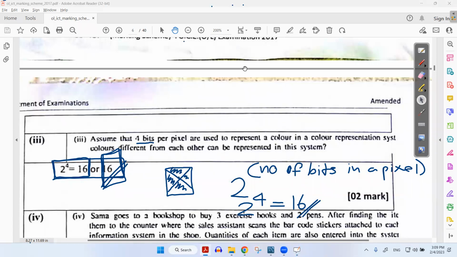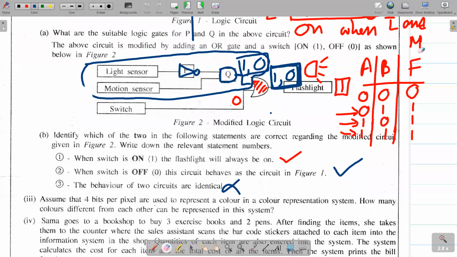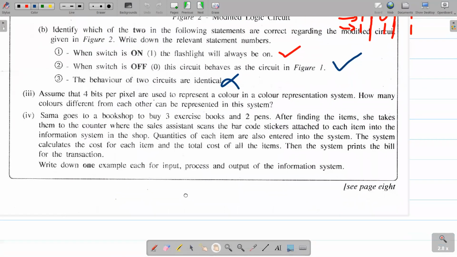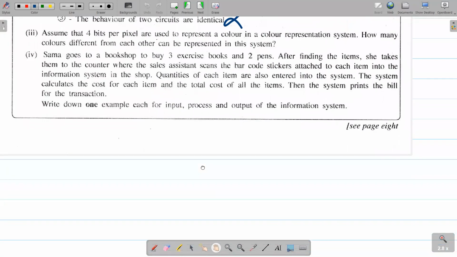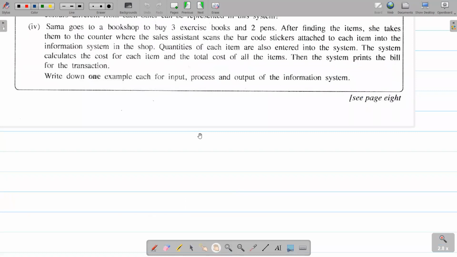Right, moving forward, the fourth one. It said Sama goes to the bookshop to buy 3 exercise books and 2 pens. After finding the items, she takes them to the counter where the sales assistant scans the barcode stickers attached to each item into the information system in the shop.